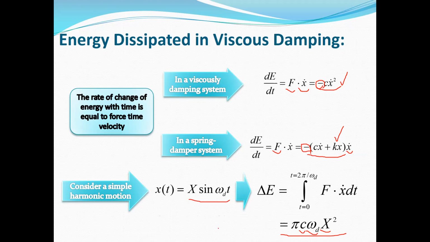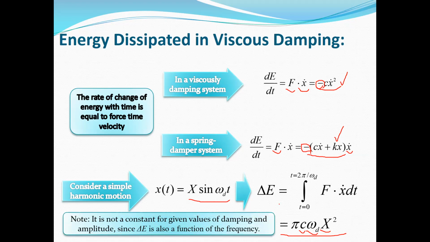And you can see for a given data for your system, when you have the damping constant and also the amplitude of the response, the energy in your system is still not a constant value, and it's a function of the frequency of the damped system.